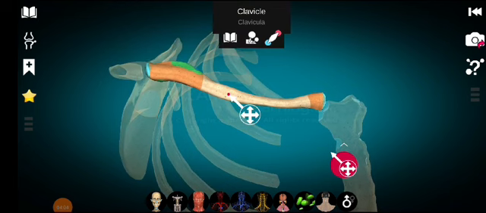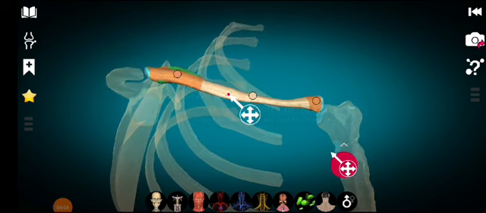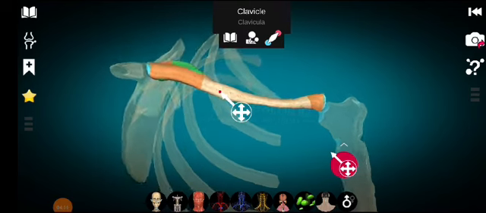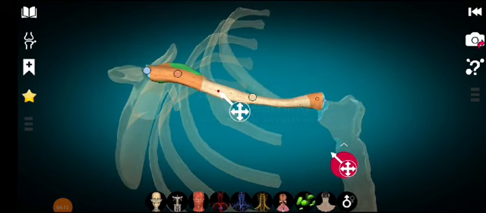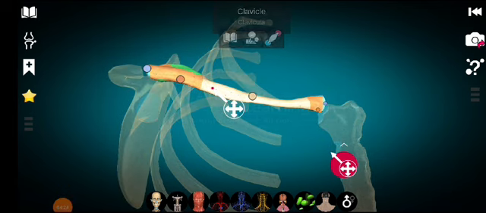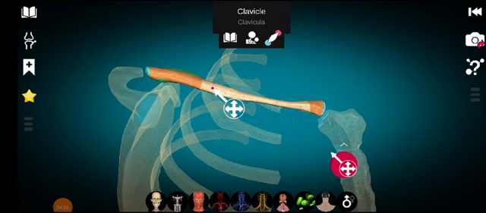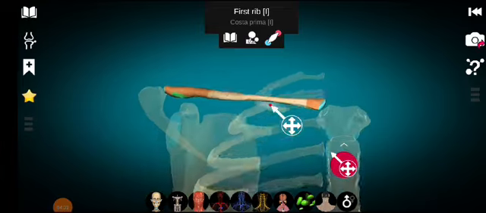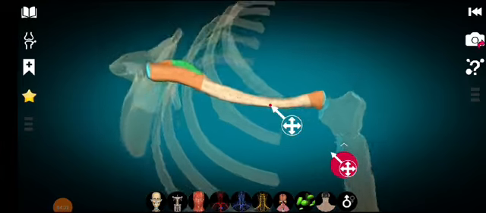The shaft of the clavicle is about 6 inches long, and it has two regions. One is the medial two-third, the medial region of the clavicle. It is the longest, and it is narrow, and thick from above downward.